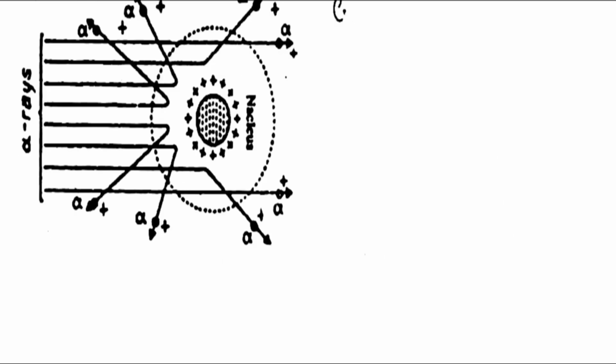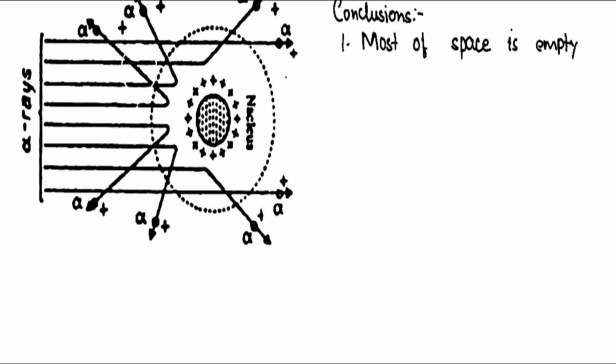Now the conclusions that were made were: most of the space inside is empty, as you can see here, since most of the alpha particles pass through without being deflected.